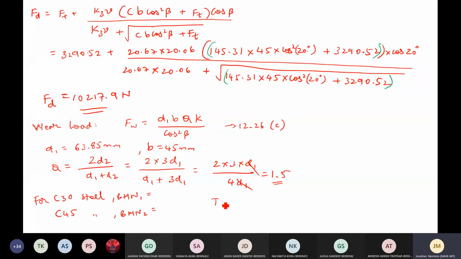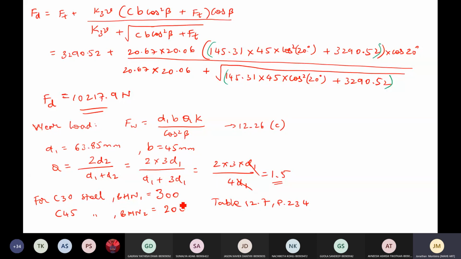If you go to table 12.7, page 234, C30 steel is only one type, it is heat treated. We have taken 220.6 as allowable stress, sigma D. So the BHN value mentioned there is 300. And for C45 steel, it is mentioned as 200. Okay, 300 and 200.